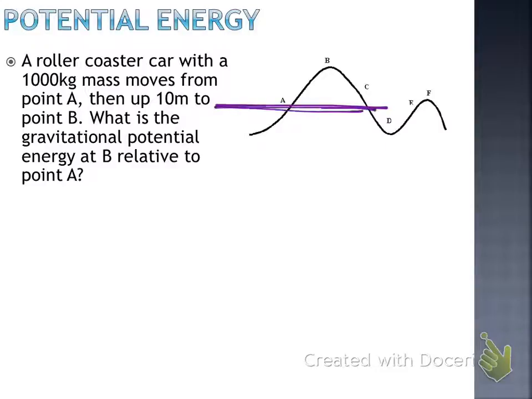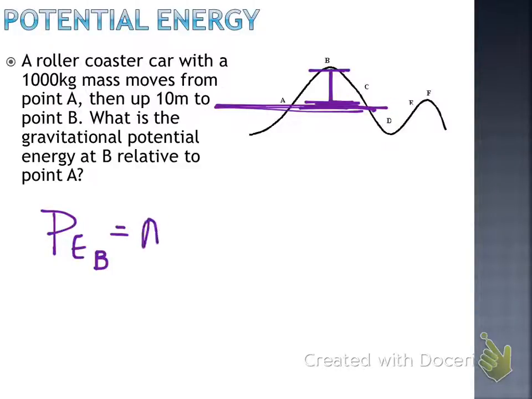We don't really know, is it in motion here, is it not? We have no idea what's happening. So all we're going to do is look at the difference basically between point A and point B. Okay, and see what happens to the gravitational potential energy. Do we expect it to gain potential energy as it goes to point B or to lose potential energy as it goes to point B? Gain. Good, right? We're going upward, we're getting higher and higher and higher, which means we're gaining potential energy. So we want to find out what the potential energy is at point B.